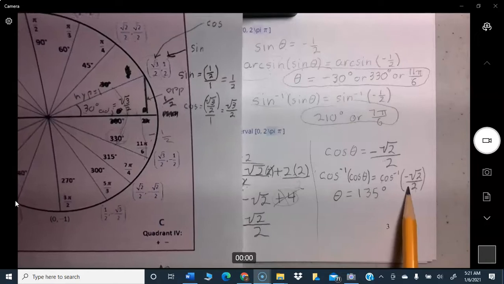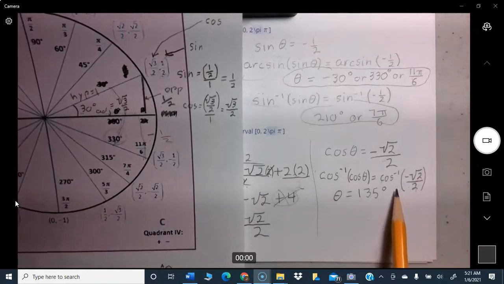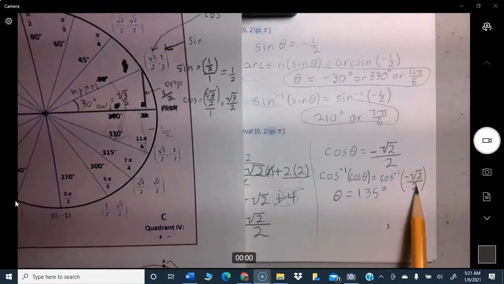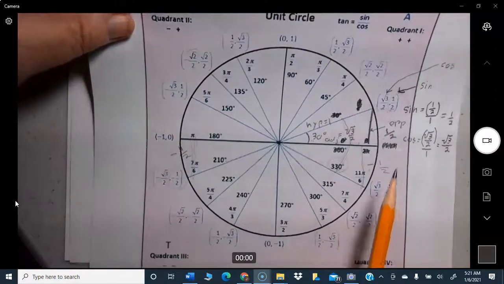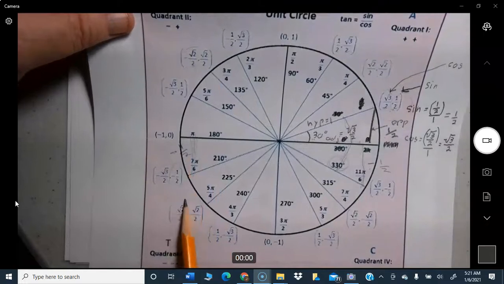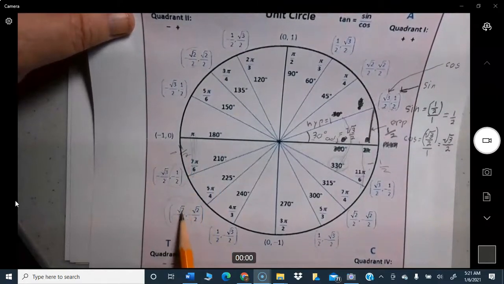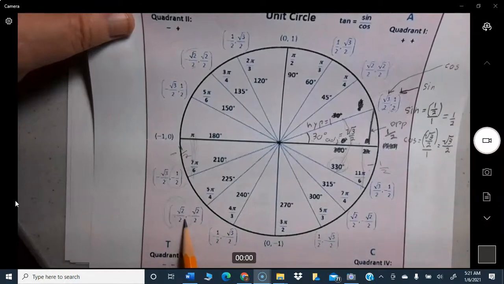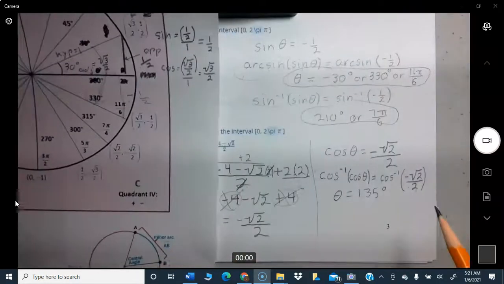Okay, but then you have to ask the other question, where else do you have a cosine of negative square root of 2 over 2? And so we come around and we find one right there. The first number is the cosine. It's hard to see the negative signs, but it's negative square root of 2 over 2. So it's also at 225 degrees.